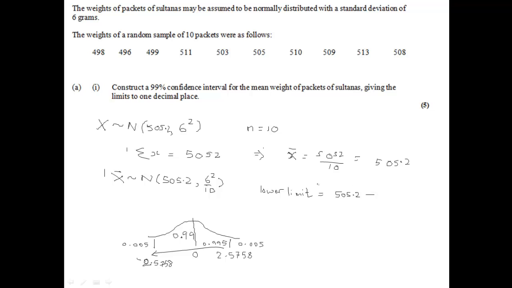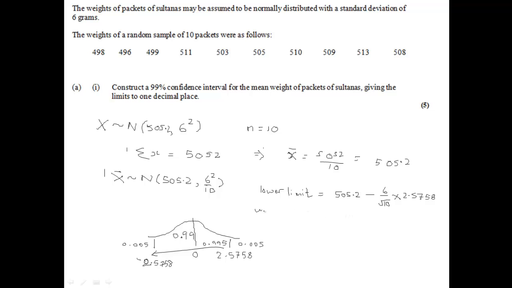Well, the standard error is the square root of the variance here, isn't it? It's 6, a standard deviation, over root n. So it will be 6 over root 10 times the amount of standard deviations, which we've looked up from the table. So it's 2.5758. Well, we may as well do it fully for now, 2.5758.